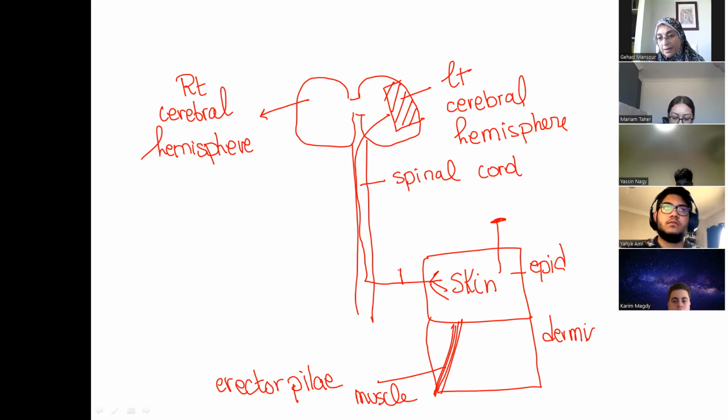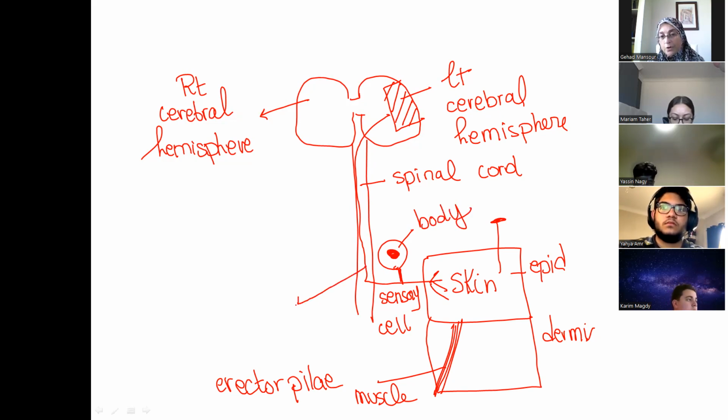The cell body of this sensory neuron is present here. So this is a sensory cell, this is the body of the sensory cell. And this is the axon, or we can call it a nerve fiber.